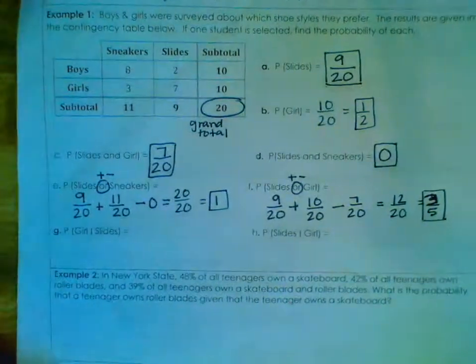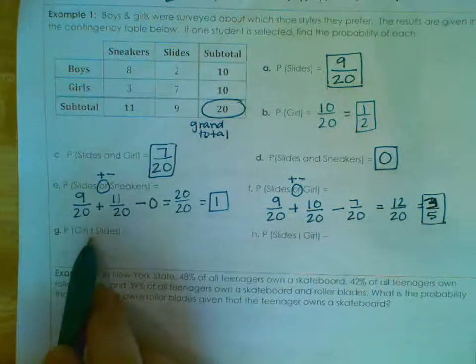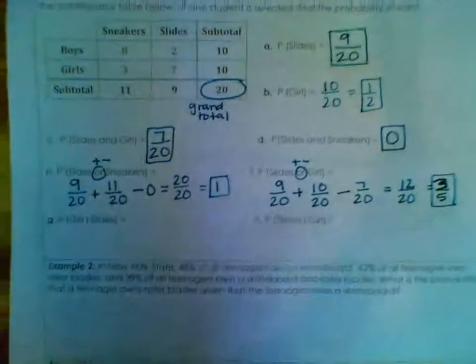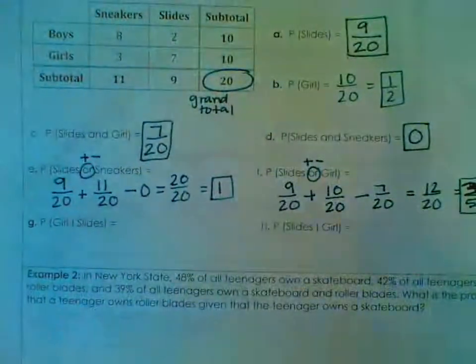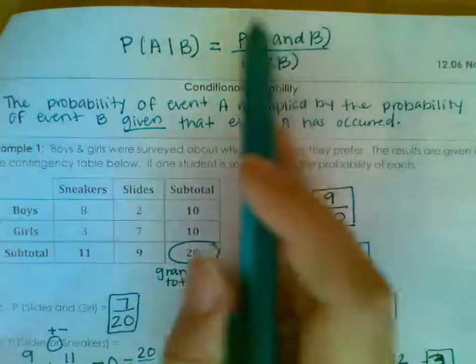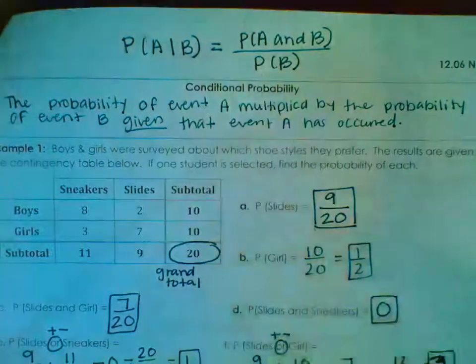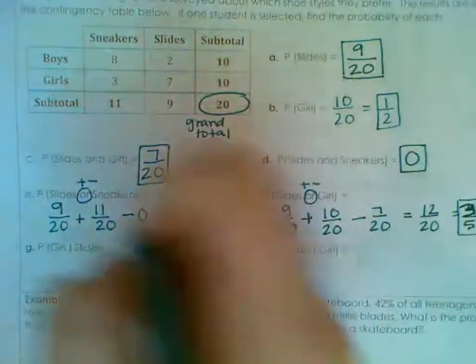Okay, finally to the new stuff. Girls given slides. So remember that vertical line here. Let me get a little closer so you can see since this is new. Girls given slides is what this says. So remember, from using your formula at the top, we're going to put the and on top, and what is given goes on the bottom. So just to write this out for you, you don't have to do this every time.